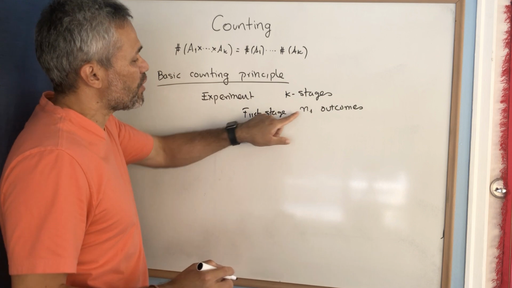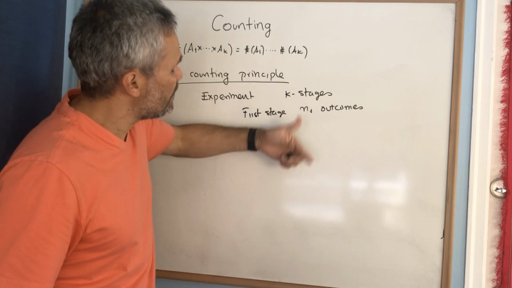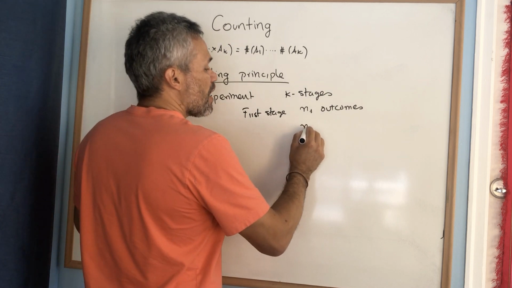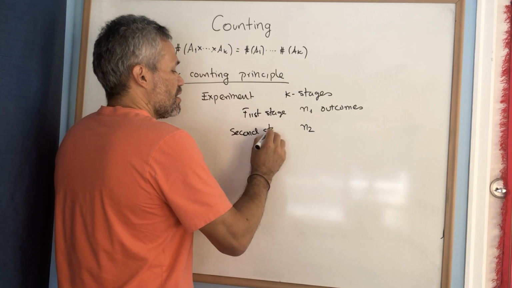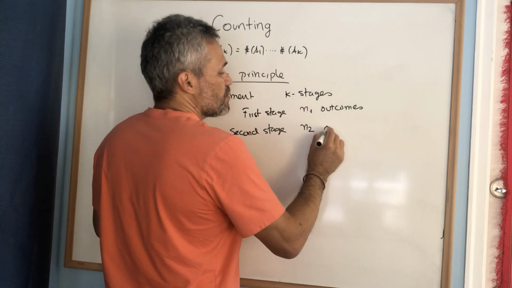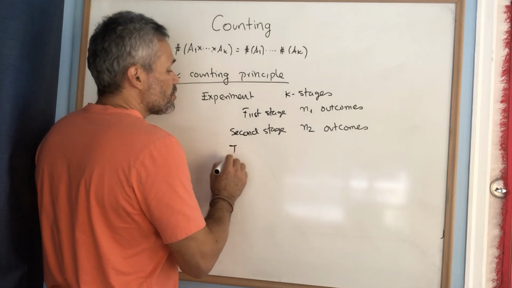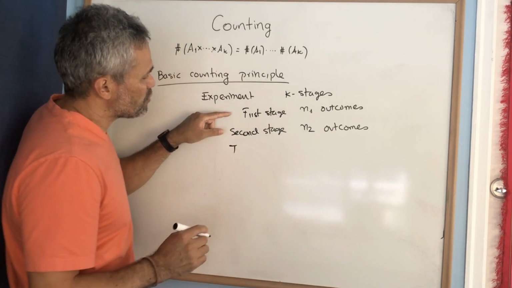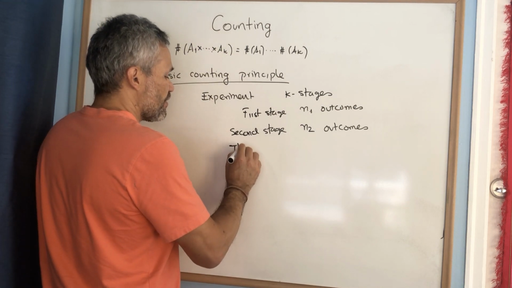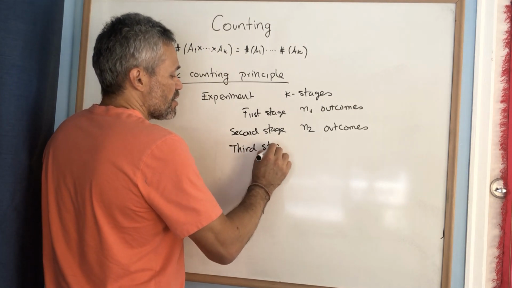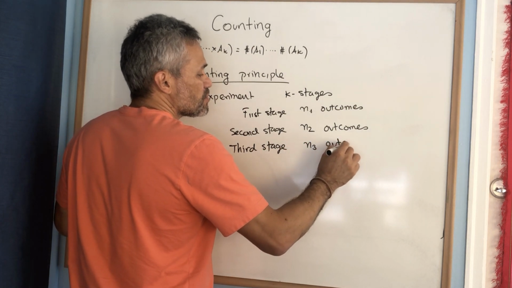And this is important. For each outcome of the first stage, we can have N2 possible outcomes in the second stage. And for each combination of possibilities in the first stage and the second stage, in the third stage we have N3 outcomes.